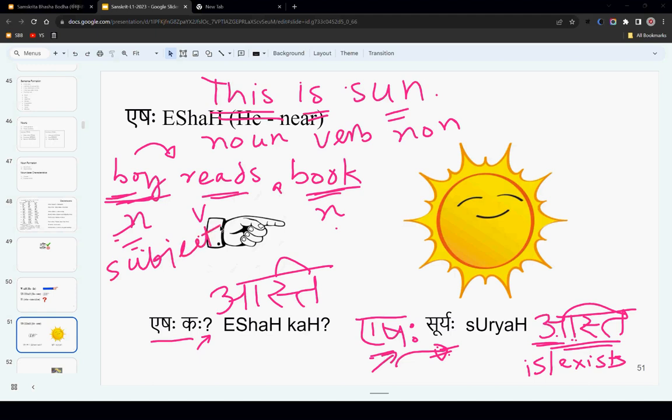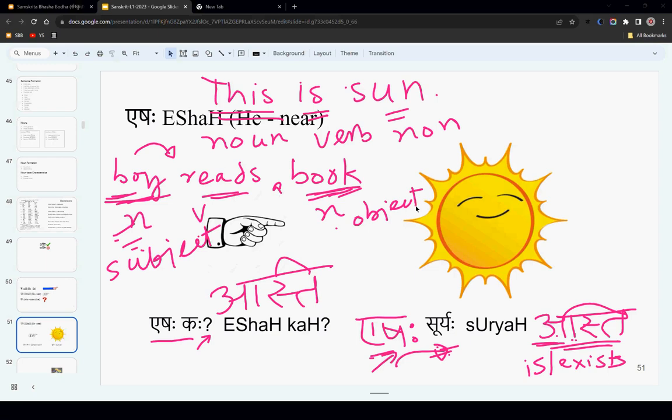And book, on which the action is being performed, is called an object. Right? So the order is subject, verb, and object.